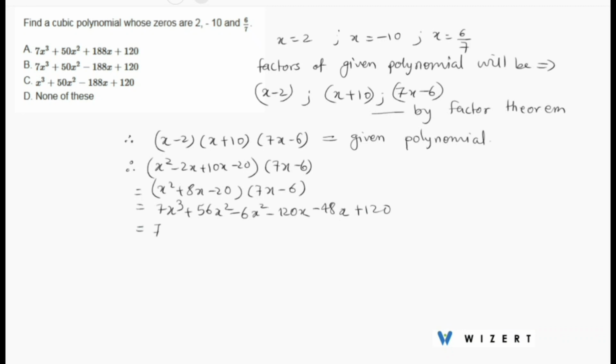So that will be 7x cube plus 50x square minus, this is not 120, this is 140. 20 multiplied by 7 is 140. So this is 140x, which is equal to minus 188x plus 120. So this is the given polynomial.